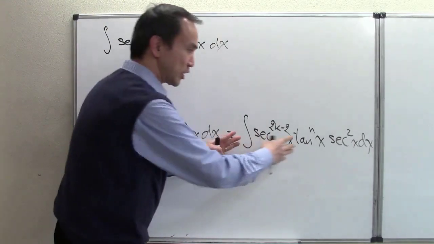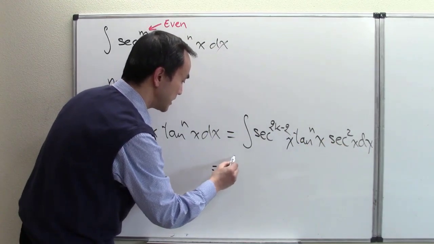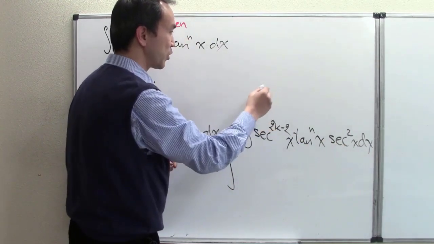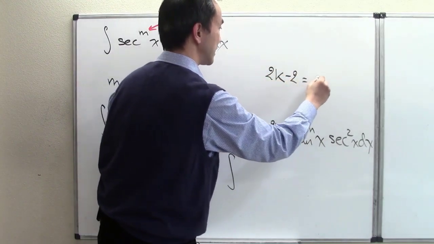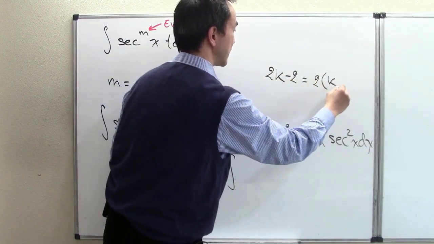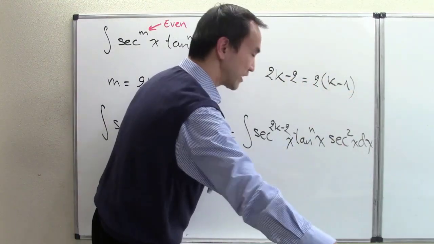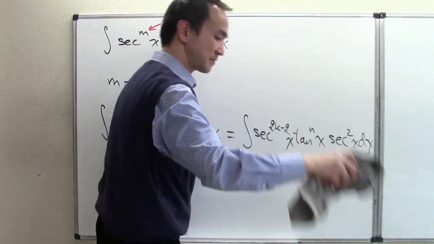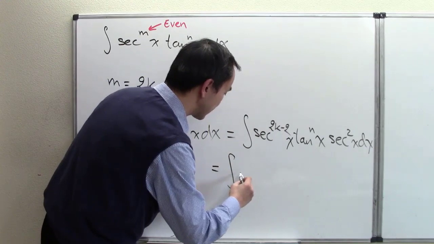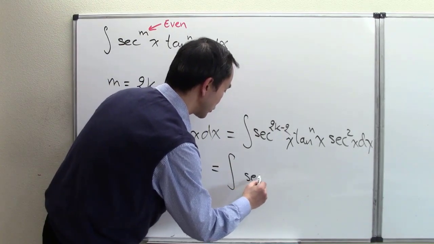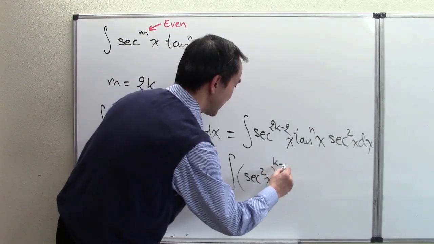Then, after doing this, the integral will become, as a quick scratch work, 2k minus 2 can be factored as 2 times k minus 1. So secant to the power 2k minus 2, I can think of as secant squared of x raised to the power k minus 1.